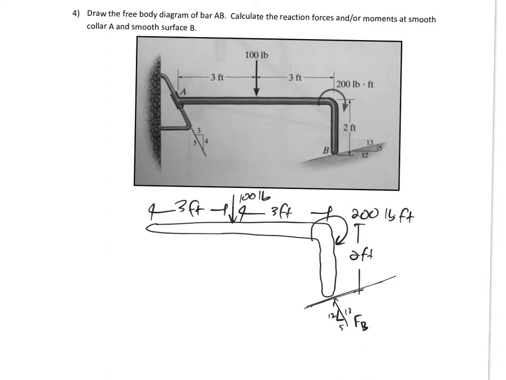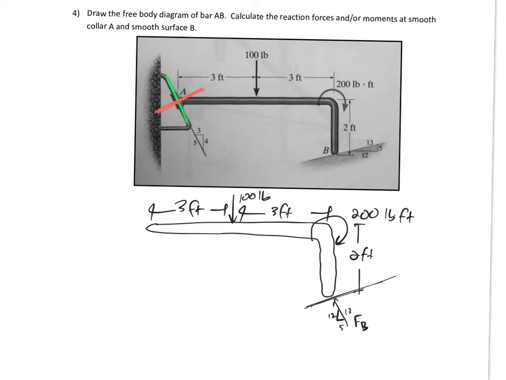Then over here at A we have a collar. And it's not a pinned collar, it's like a fixed collar. So that is definitely restricting the movement in this direction, right? So it's not restricting the movement along the collar, but it's restricting the movement perpendicular to that rod.